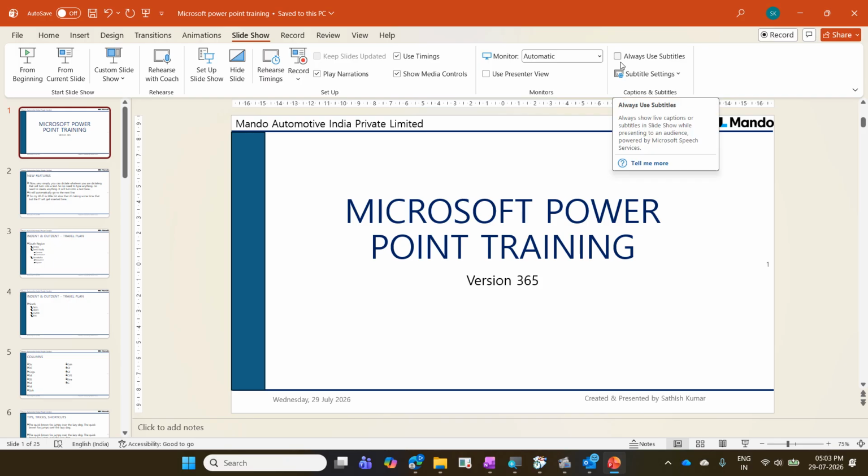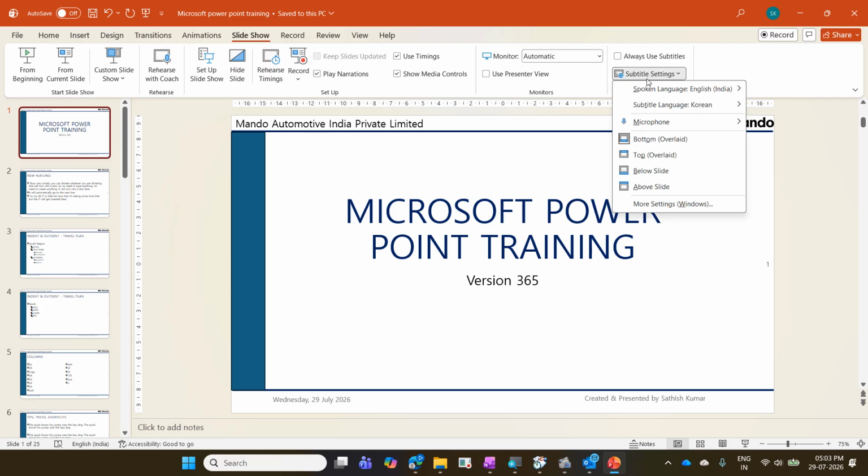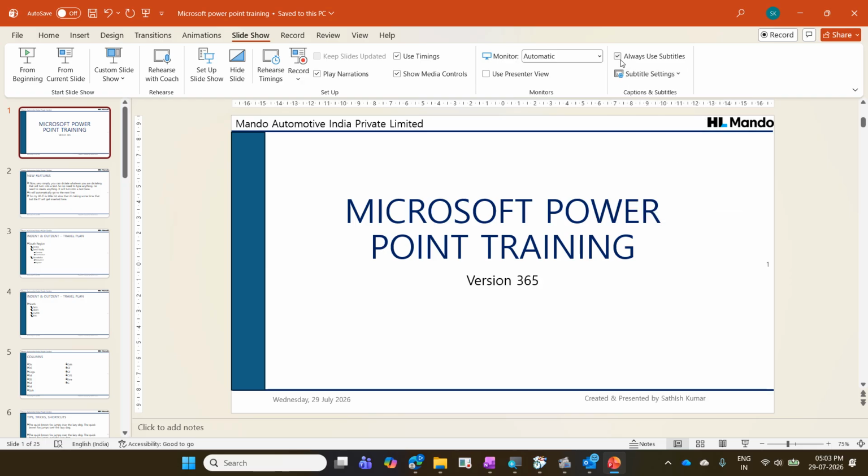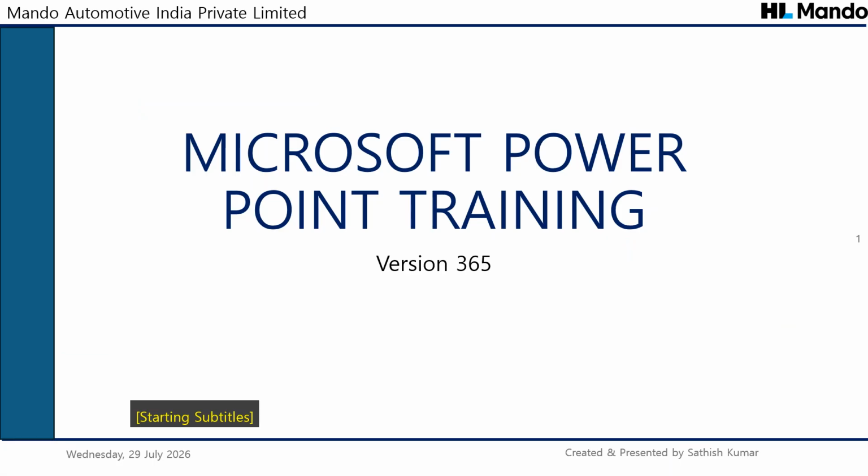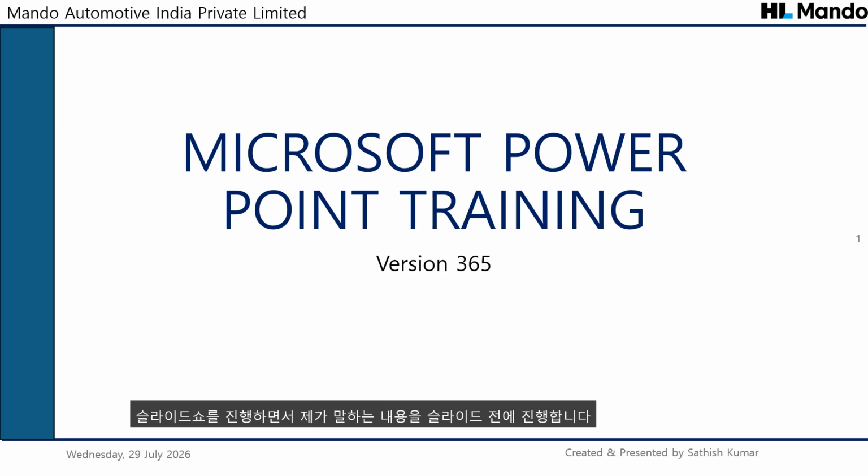Now let us run the slideshow. While running the slideshow, whatever I am speaking in front of my slide will be converted into that language. Whatever I am speaking in English is now converting into Korean. So you can speak in any language, and it will automatically translate. Whoever knows Korean can check that.